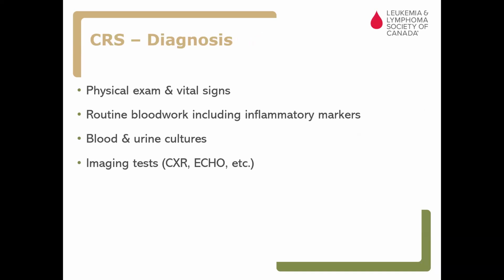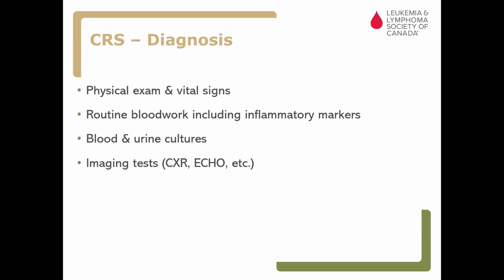So a diagnosis of CRS involves the physical exam and vital signs. This includes your temperature, blood pressure, pulse, oxygen saturation. It also includes routine blood work, such as your CBC, your electrolytes, your liver enzymes, as well as monitoring inflammatory markers. These include your LDH, ferritin, as well as fibrinogen and CRP.